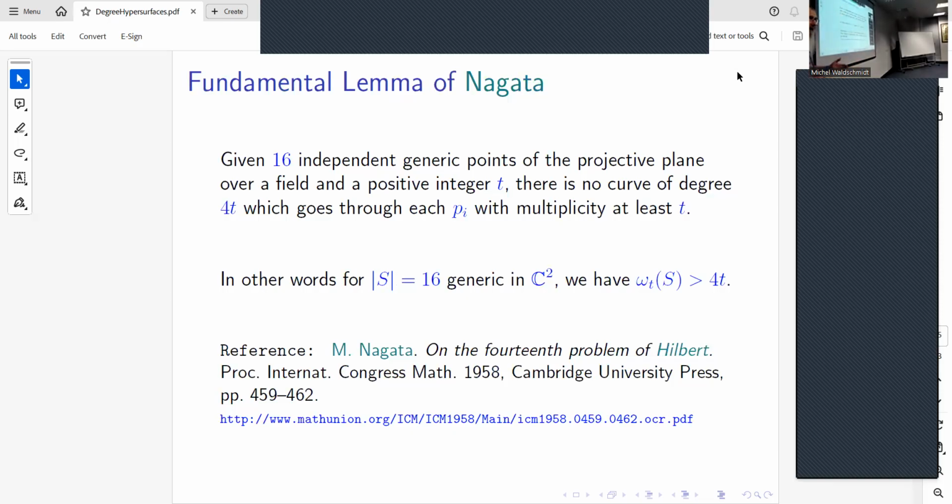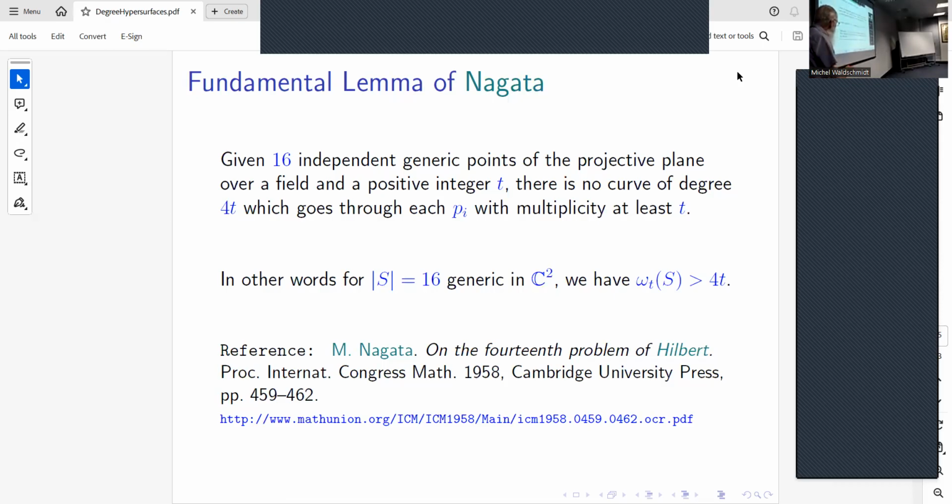If you translate what it means, it exactly means that if you take a set S which is free, which means that the omega of S is maximal, then the omega T of S is strictly greater than the square root of S. That it is greater than or equal is not so difficult. That it is strictly greater is more difficult.